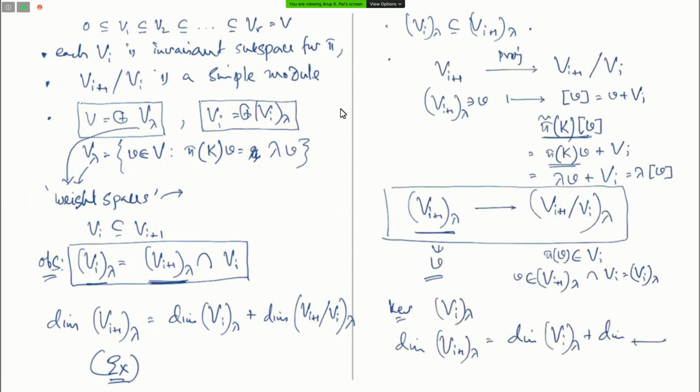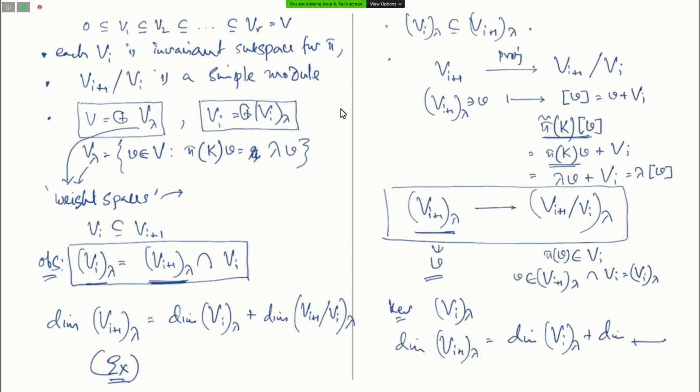Now what you need to show is that this map is onto. Now, why is it onto?